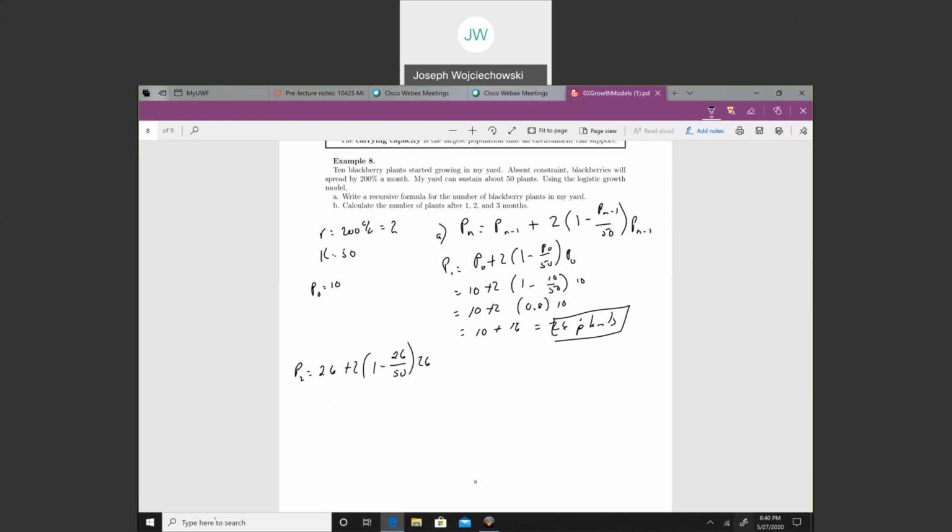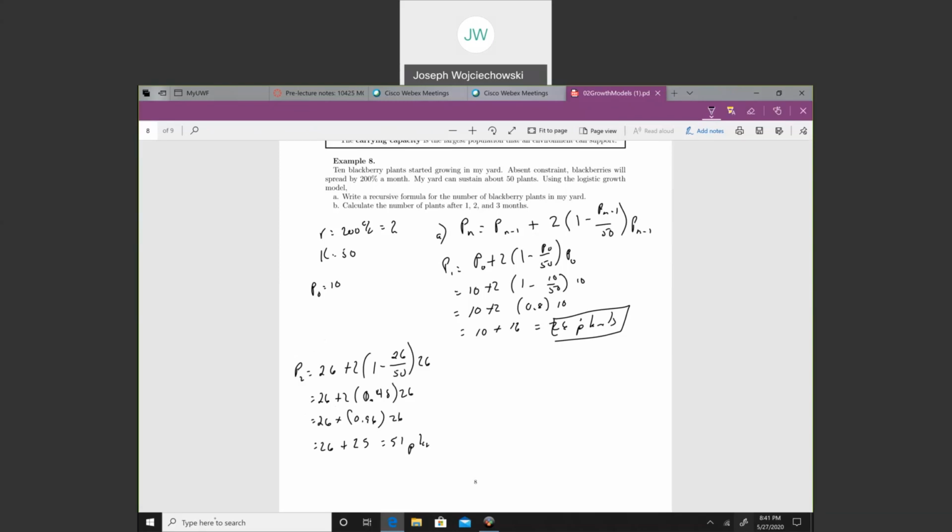So 26 divided by 50 is 0.52. 26 plus 2 times 0.48 times 26. 26 plus 0.96 times 26. 26 plus 24.96, which we'll call 25, which is 51. So here at P sub 2, we have 51 plants.